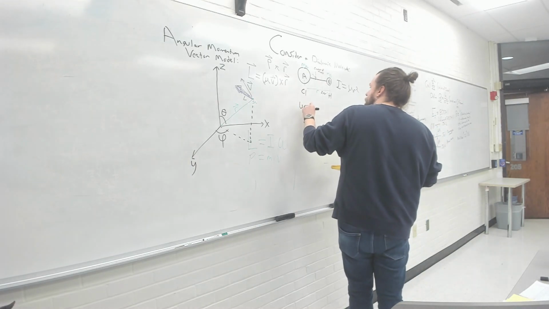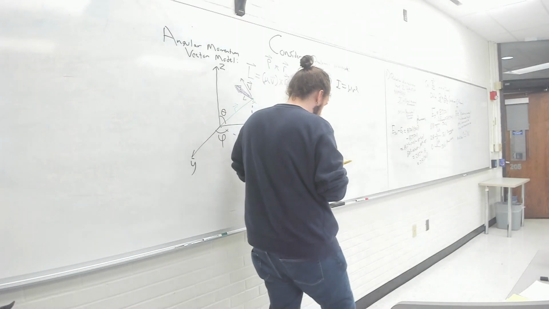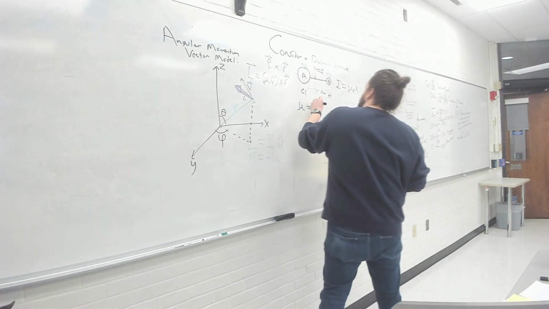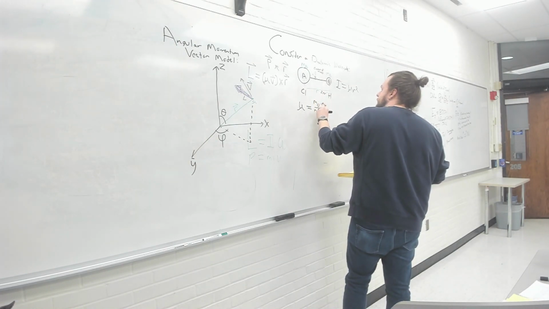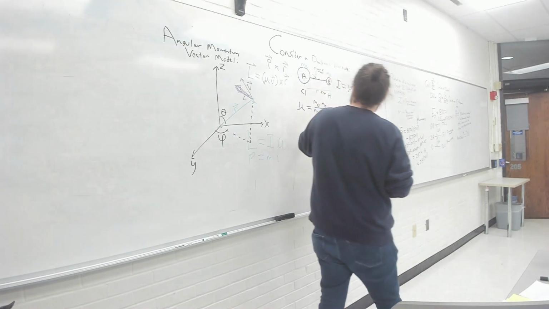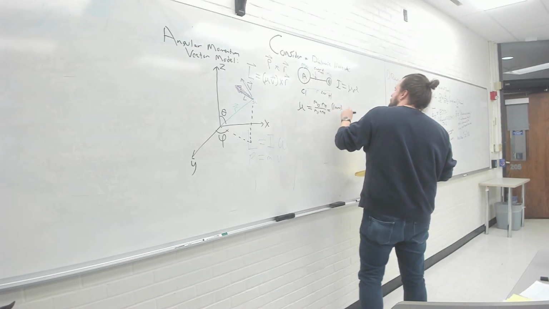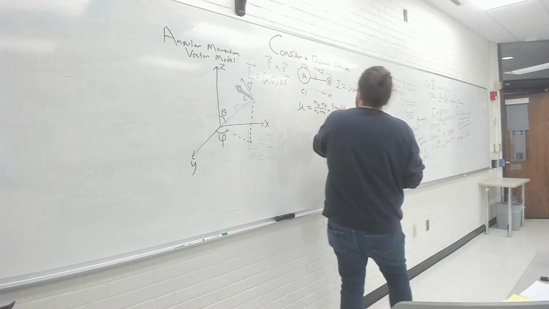So first we'll do the reduced mass. That's going to be the mass of chlorine times the mass of hydrogen divided by the sum of the masses. What's the mass of hydrogen? Well, I wrote it down as 1 AMU, roughly. What's the mass of chlorine? Does anyone know? 35. 35.